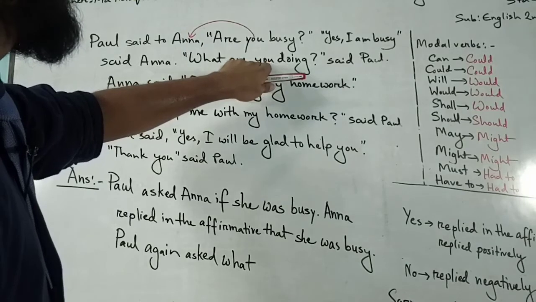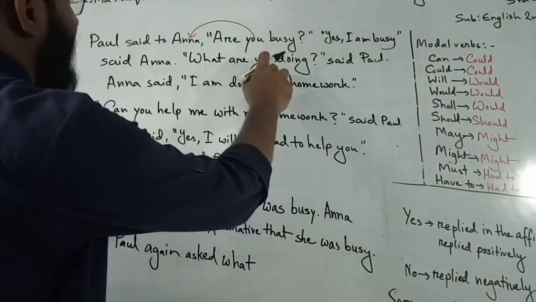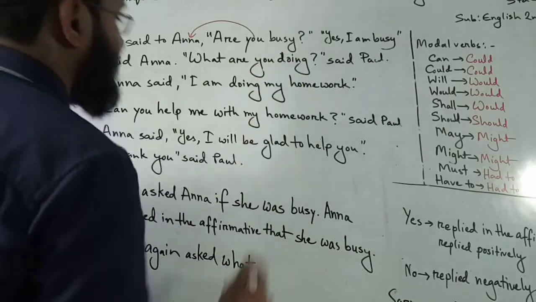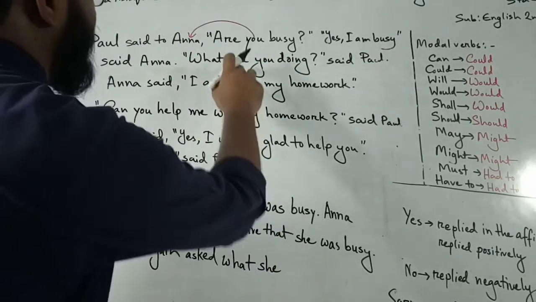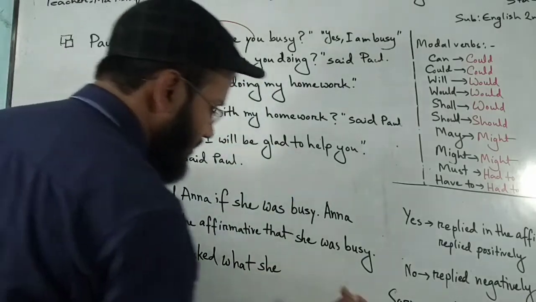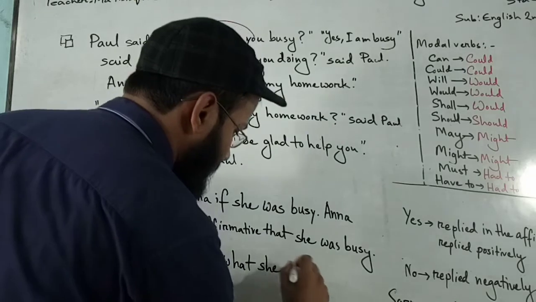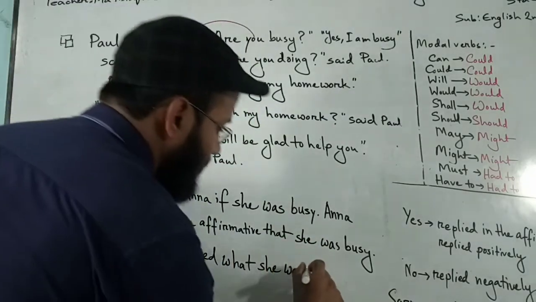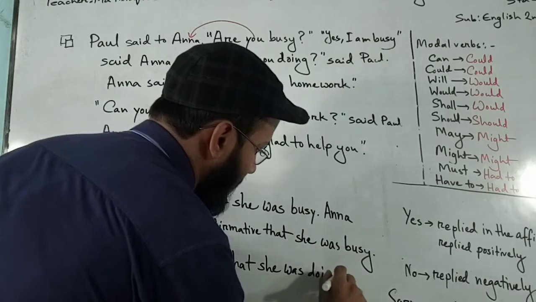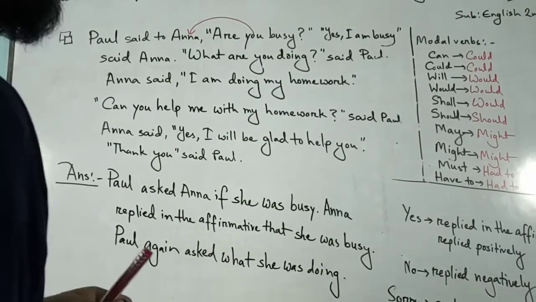So what we do is put the auxiliary verb behind the subject. So you is again the same person, that is Anna. So what she, and for the auxiliary verb are, we're gonna use the one that matches with she, which is is, and the past form of is is was. What she was doing. Now we have it. Paul again asked what she was doing.